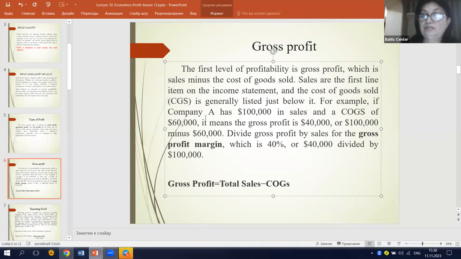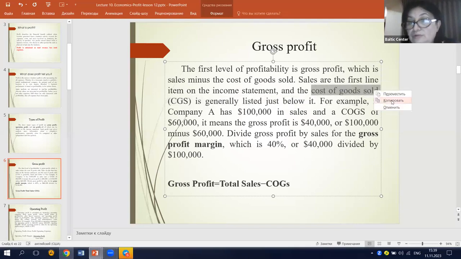40%. Or 40,000 dividend by 100,000. So the gross profit, we have the formula there: total sales minus the cost of sold goods.